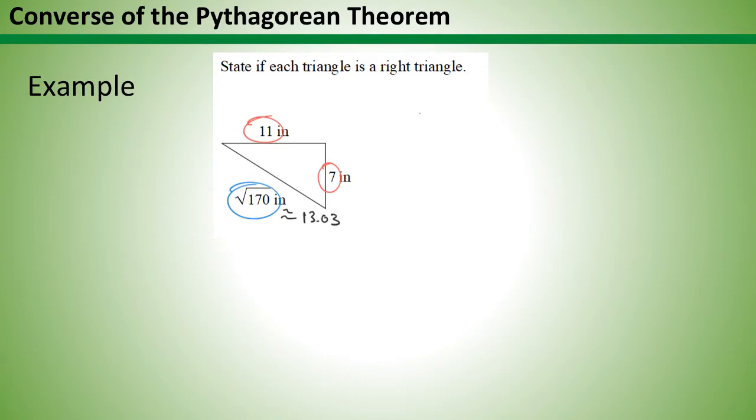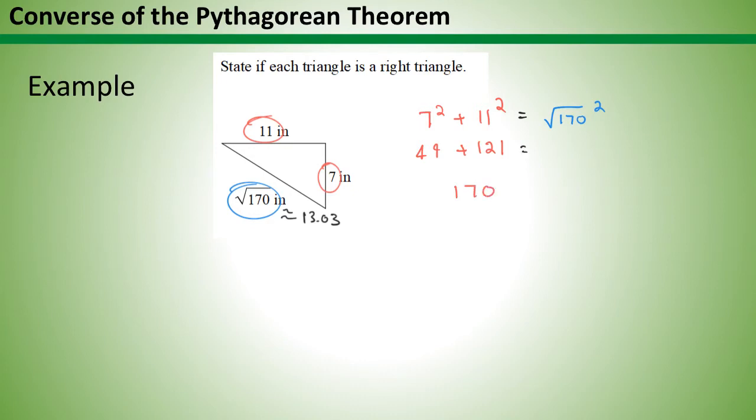So here I'm going to have 7 squared plus 11 squared is equal to the square root of 170 squared. Okay, so now this is going to be 49 plus 121. 49 plus 121, that's going to be 170, okay?